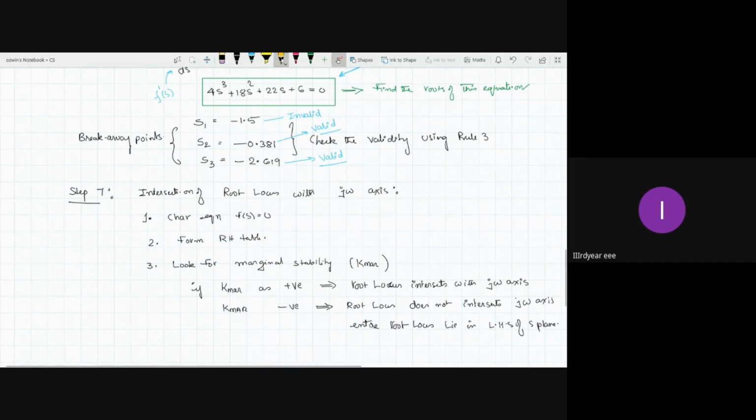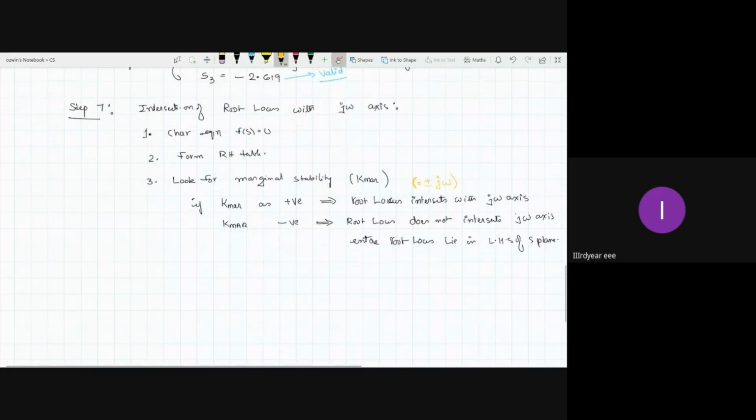Another way of looking at it: when k marginal is positive, your roots are of the kind plus or minus j omega, purely imaginary. When k marginal is negative, your roots are of the kind plus or minus a, a real root.